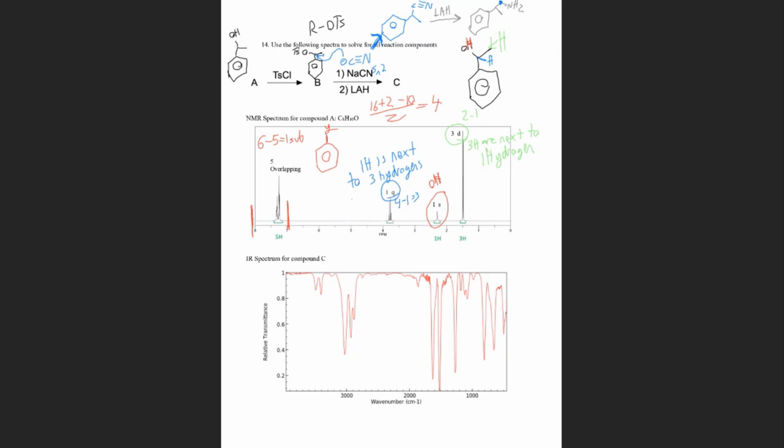So I would say I don't know what this peak is. Maybe it's carbon single bond carbon. Probably not. I don't know what that peak is, but I do know that this is benzene. And then these, as y'all recognized, are primary amine. Spikes, teeth, fangs.